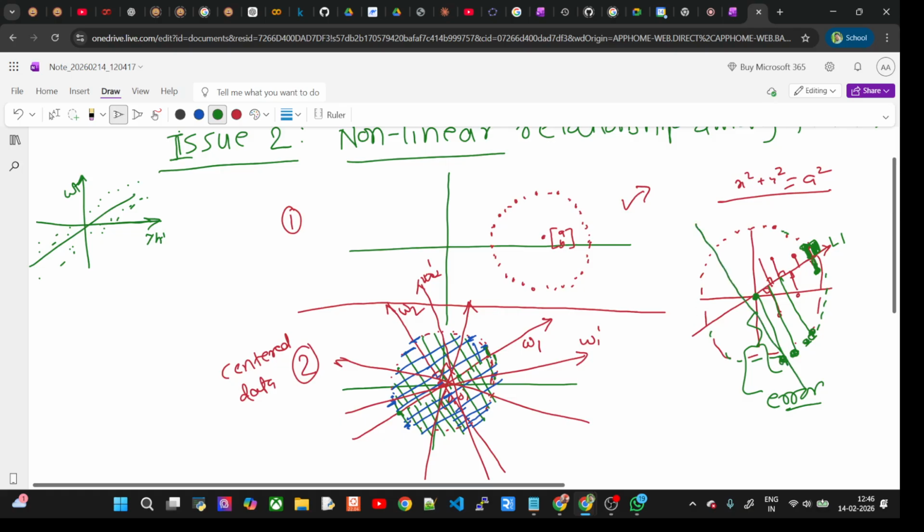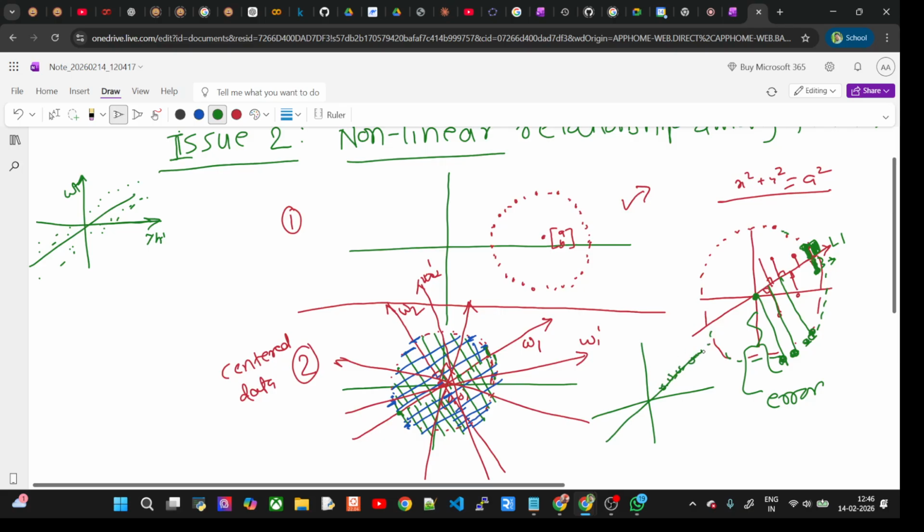If I draw something like this line, error should be small, variance should be high, yes. Variance should be high means your data should have more spread, that is called variance.